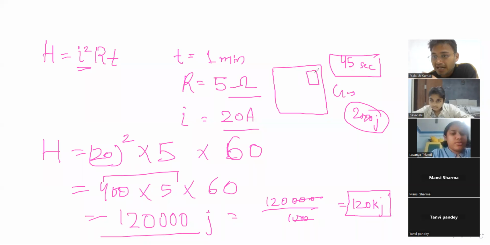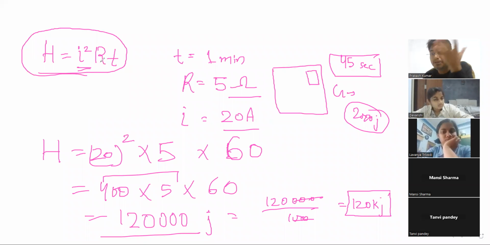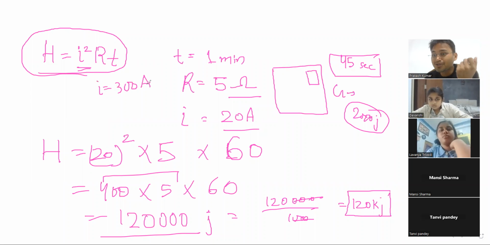Whenever current will be higher, see this formula, H equal to I square RT. If anyhow current will become large, suddenly in your home now current become 300 ampere, right? So what will happen? All your electrical devices, freezer, cooler, will be damaged. It will be Diwali on that day, right? So how we can save this?